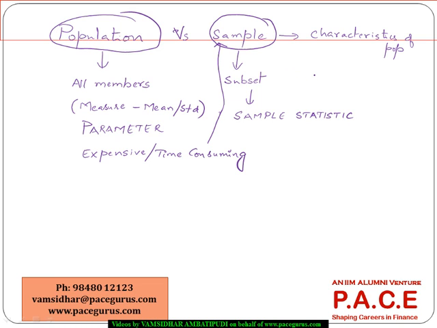So that's the understanding you need to develop between sample and population, and parameter and sample statistic, because the majority of the time, in conclusion making, we try to estimate the population parameter using the sample statistic.